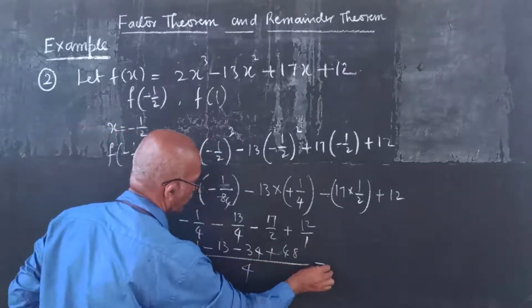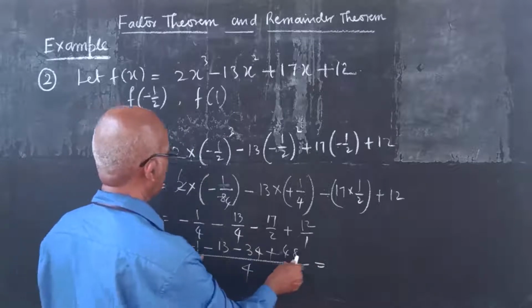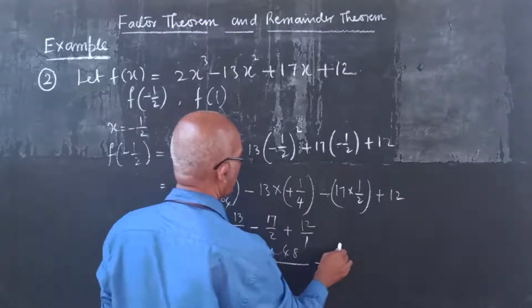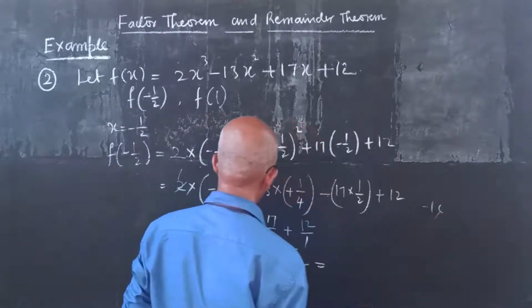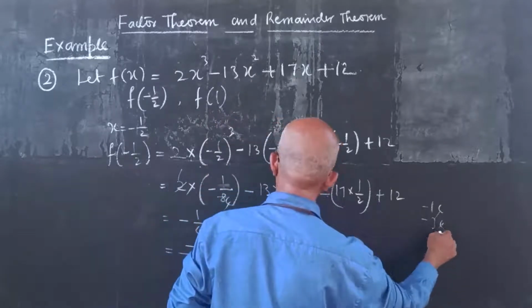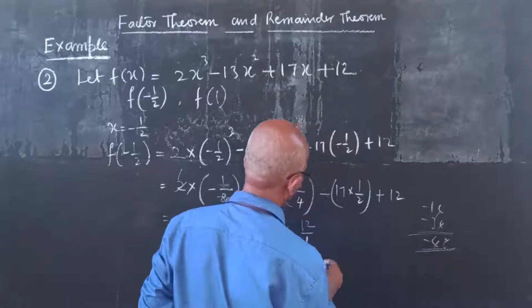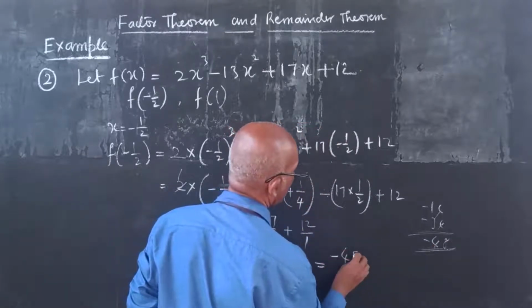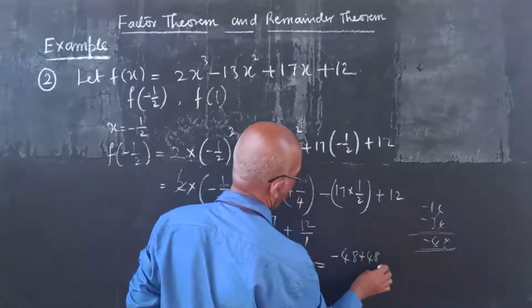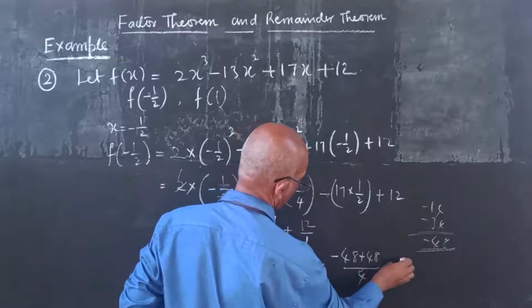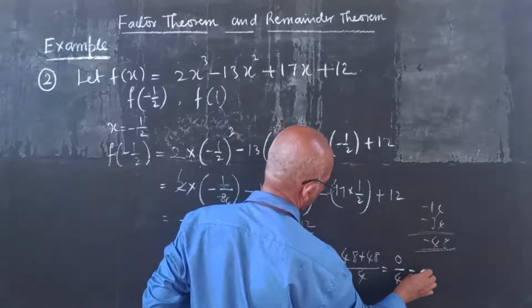This is equal to minus 14 minus 34, which is minus 48, so minus 48 plus 48 by 4, that is 0 by 4, that is 0.